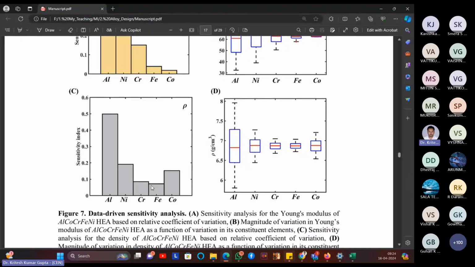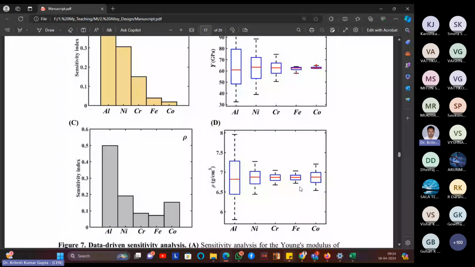Similarly, for density, we can see aluminium has a huge influence on the density, followed by nickel, followed by cobalt. Chromium and ferrous don't have much say on the density, so with variation in chromium and ferrous, we cannot expect much difference in the density.